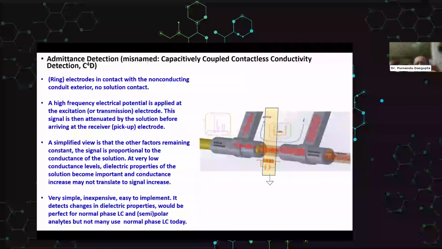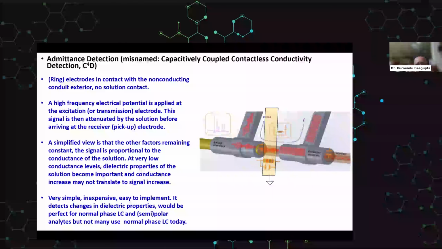The wall behaves as a capacitor, and that energy couples through the wall into the solution. The higher the frequency, the more effectively it couples to the solution. Then it travels through the solution only a sub-millimeter distance to the other part of the wall where the other electrode is sitting, and travels through that capacitor wall again to the pickup electrode. Then you amplify, rectify, and have your signal.